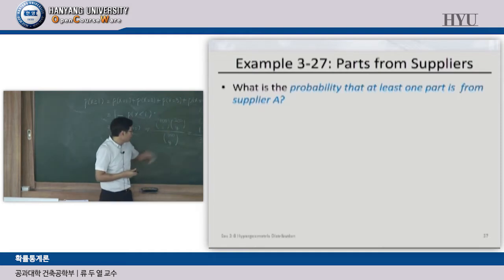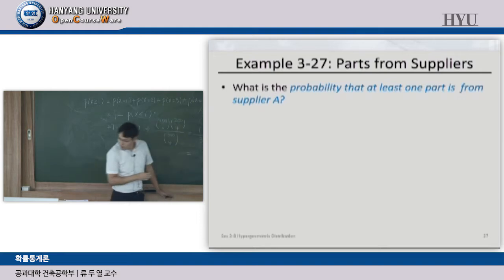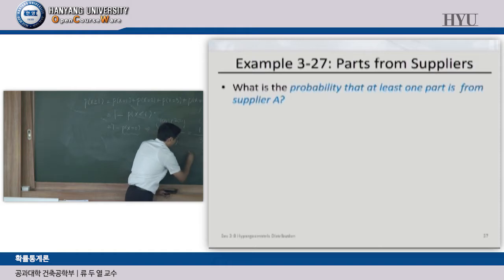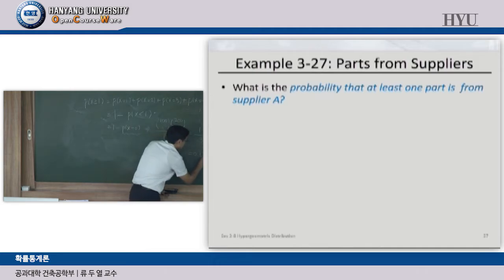So this is 1 multiplied by 64,684,950 over 330,791,175. So this will be 0.196.